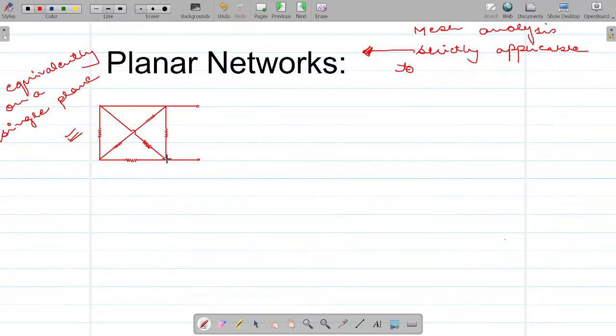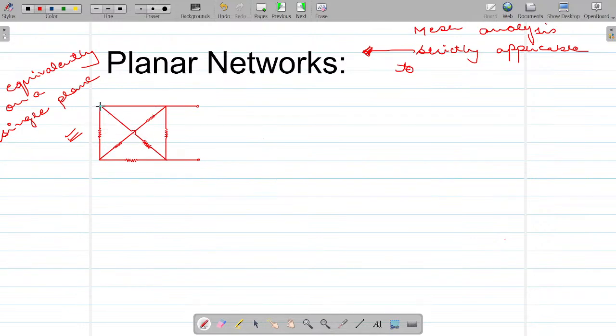This is a point which is not in the plane, otherwise everything is on the same plane. I'm sorry, there should have been a resistance here. I've skipped that resistance, but in any case, this is the only thing which does not belong to the plane.